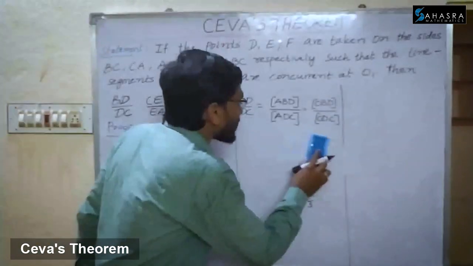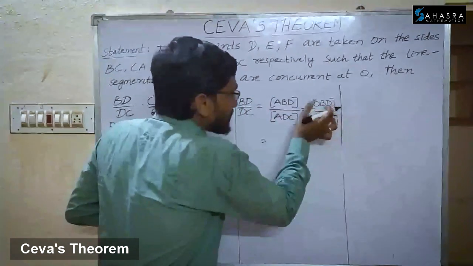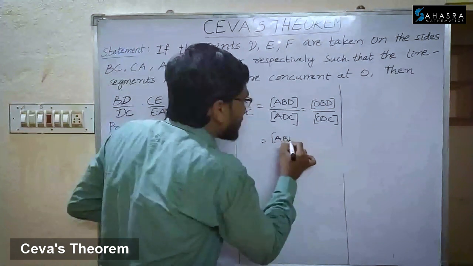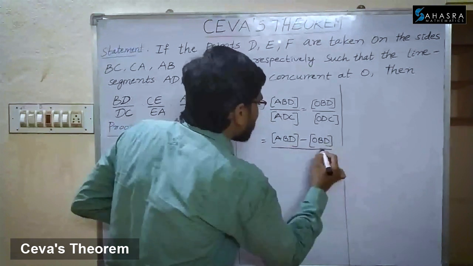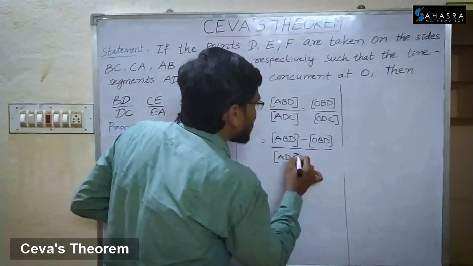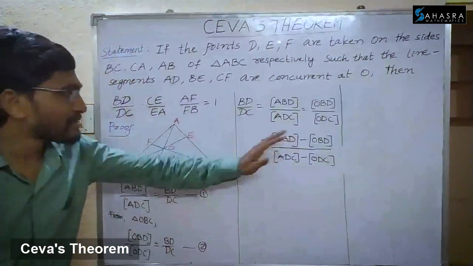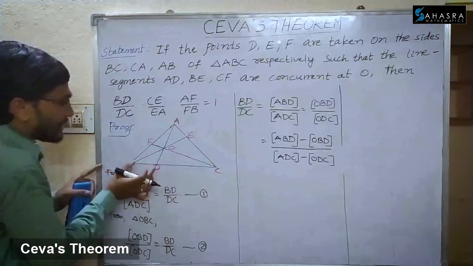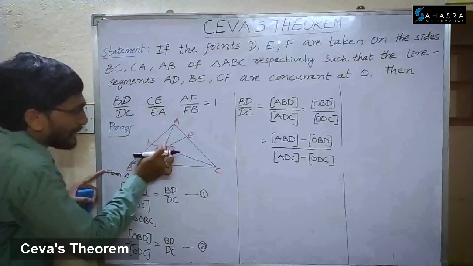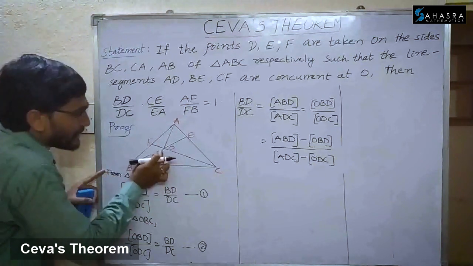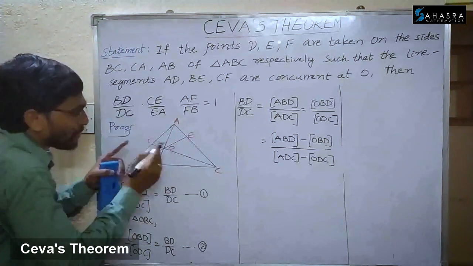So I want to write from this equation: area of triangle ABD minus area of triangle OBD, divided by area of triangle ADC minus area of triangle ODC. Okay? If you observe here, area of triangle ABD minus area of triangle OBD, then what we get?